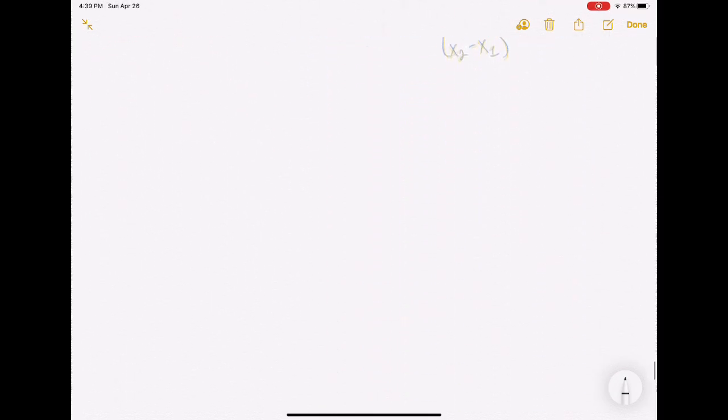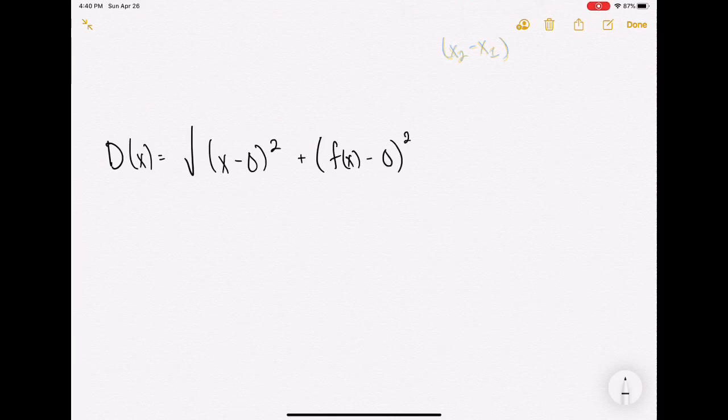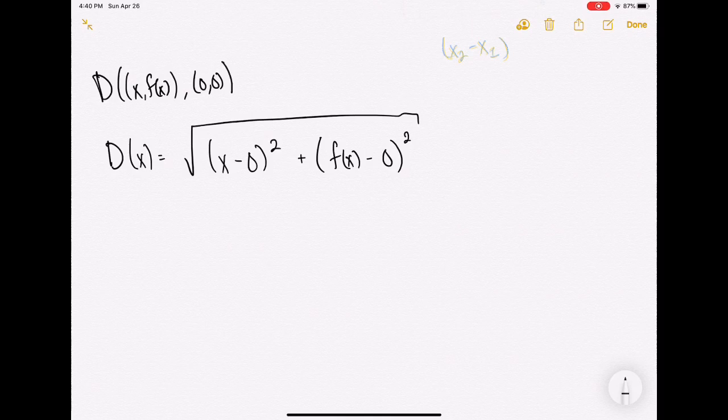So really this distance just depends on x, and x2 minus x1 is x minus 0 squared, plus y2 minus y1 is f of x minus 0 squared. So this is like d of x, f of x, comma 0, 0 equals that, right? But it's really just a function of x.